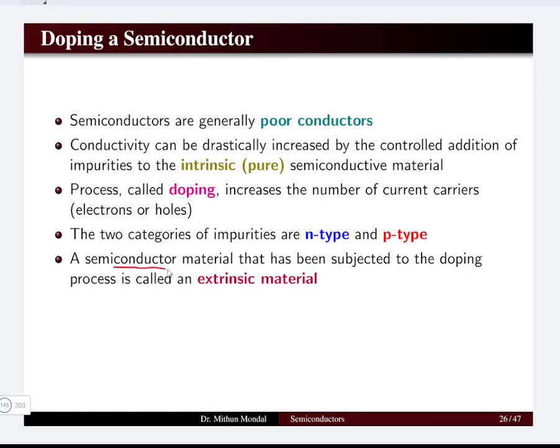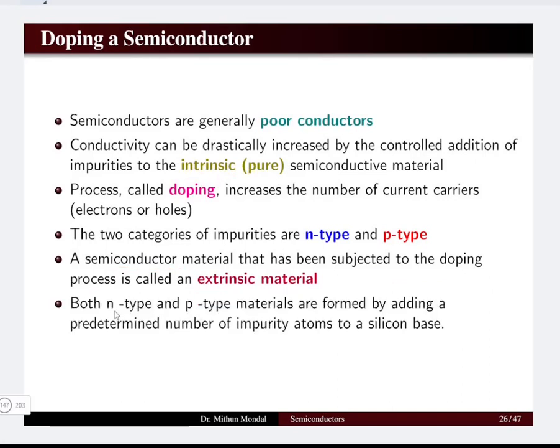A semiconductor material that has been subjected to the doping process is called extrinsic material. So intrinsic material is the pure form, and when a semiconductor undergoes the doping process, it is known as extrinsic material. Both N-type as well as P-type material are formed by adding a predetermined number of impurity atoms to a silicon base.